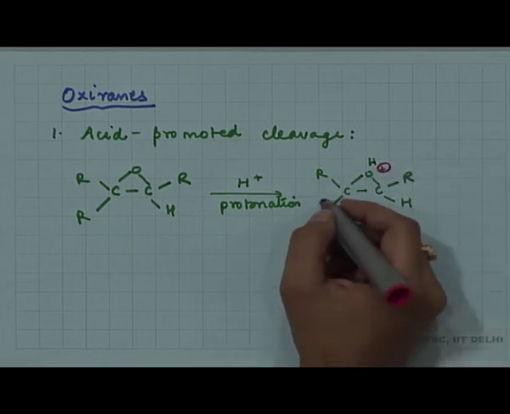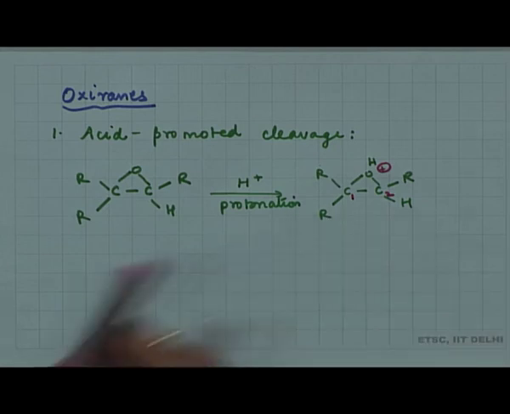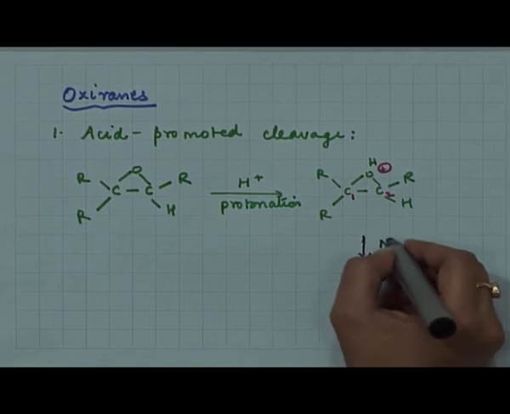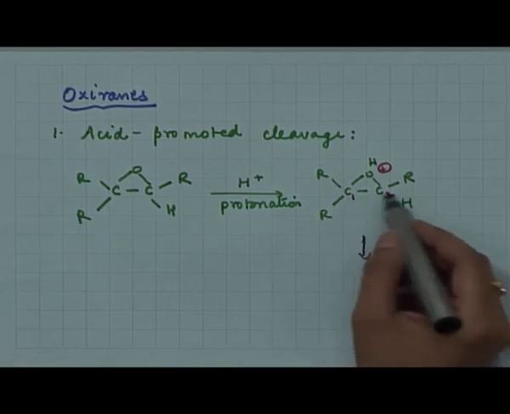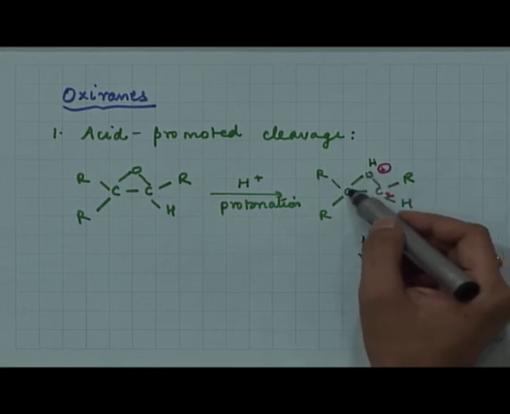Now you have two carbons, so your C1 and C2. Now, the question is, where is the nucleophile going to come and attack? When the nucleophile has to make a choice between C1 and C2, if this positive charge resides on C1, it will be stabilized much more.